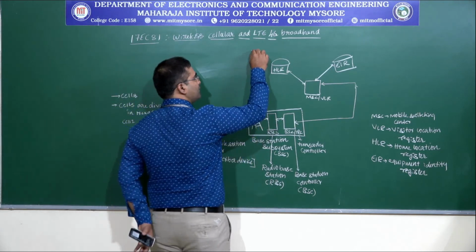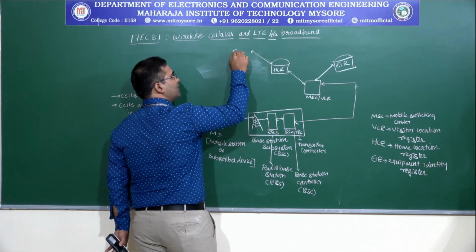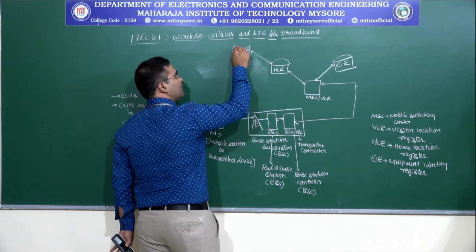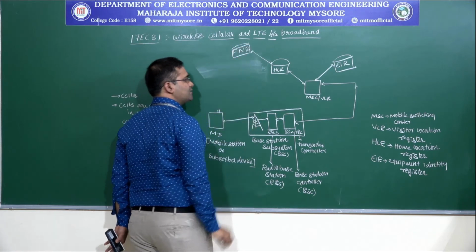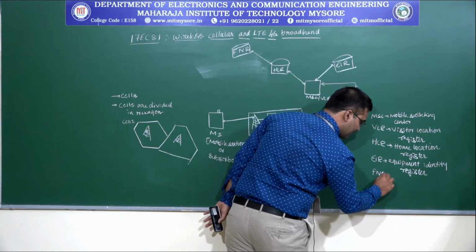Again, we do have a database which is called an FNR. FNR stands for the Flexible Number Register.